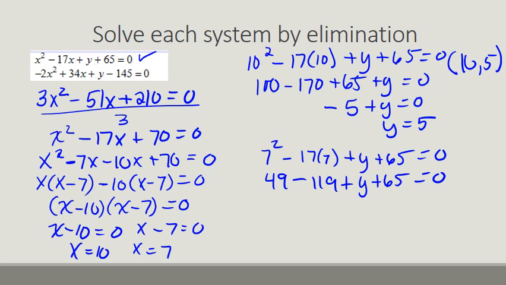When I combine my like terms, I get negative 5 again. So y equals 5, and my other ordered pair is 7 and 5.